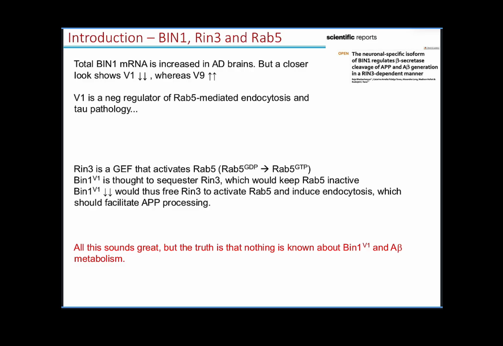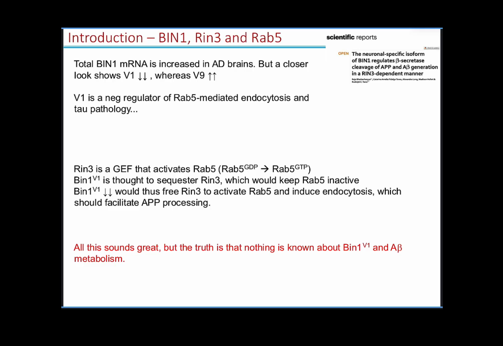So before we go through the hypothesis, let me tell you real quick that there is this protein called Rin3, the other gene that is of interest to the authors in this paper. It is a GEF, which stands for, we've seen this before, GDP-GTP exchange factor. So there's this very large family of proteins called GTPases or G proteins, and RAP5 is one of them.